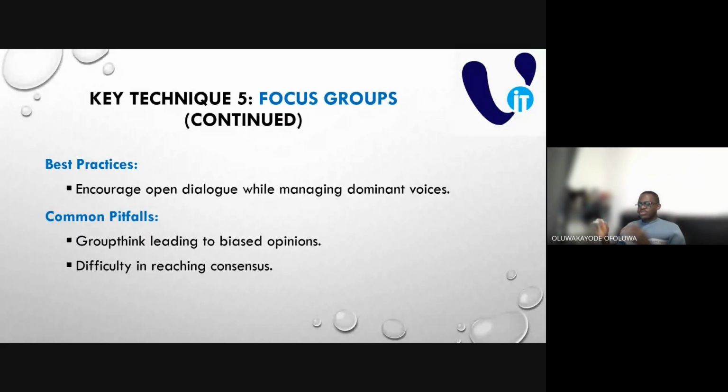Common pitfalls. We have groupthink leading to biased opinions. Then we have difficulty in reaching consensus. In some cases it's very difficult to reach consensus because everybody is still talking. Even though they are all looking at things from maybe the same perspective, people are bringing different ideas.